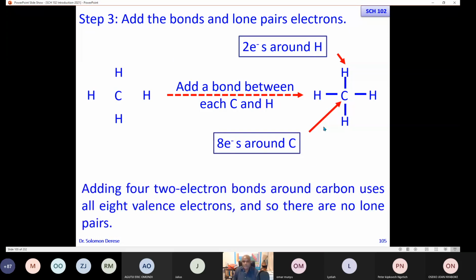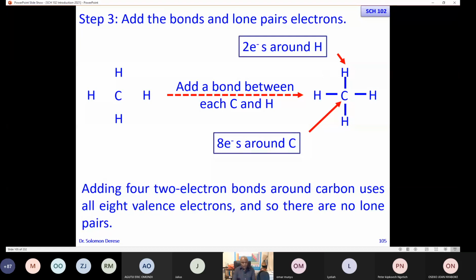As a result, this is a valid Lewis structure. It uses all the 8 valence electrons, so nothing is left. So we do not have any electrons to put as lone pair electrons.